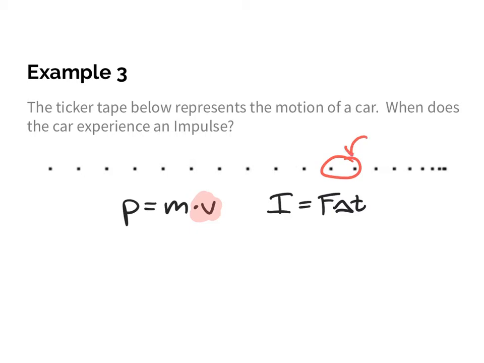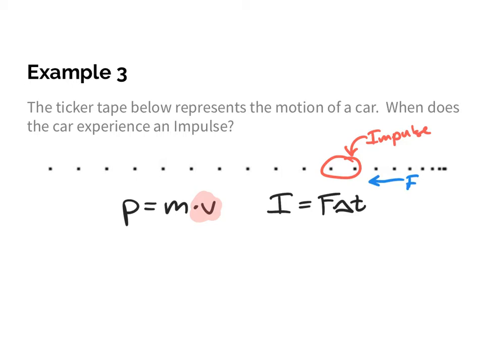So right at this location is when the object would experience an impulse because its motion is going to change. And what we know is that if its motion is changing, this object would be experiencing a force, which in turn would create an acceleration back against that object, which is going to cause it to slow down.